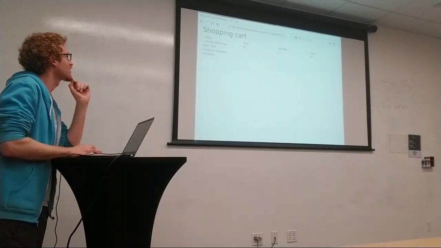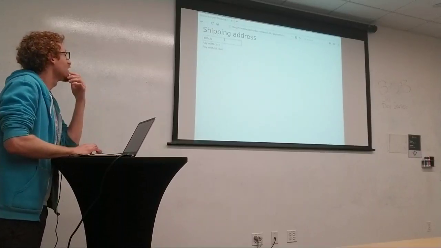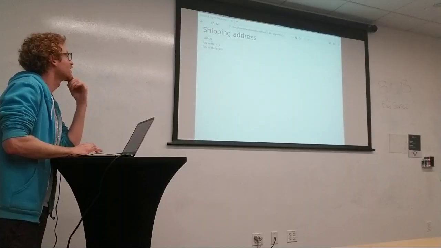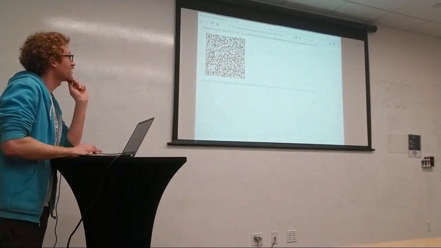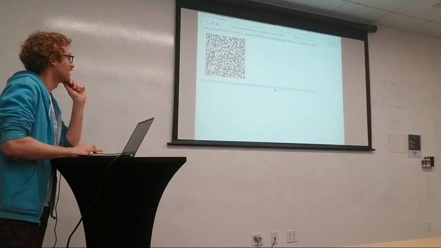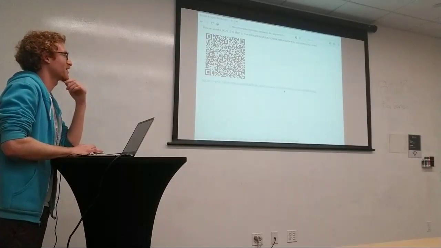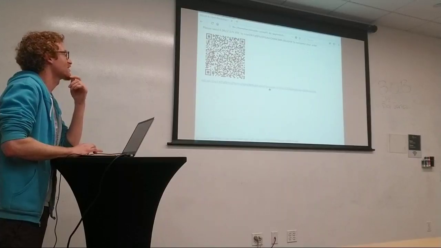All right, so let's check out the new option here. We get a price in Bitcoin, an address that we could send to, and a QR code that contains the payment URI, which is a little string that represents the entire request.